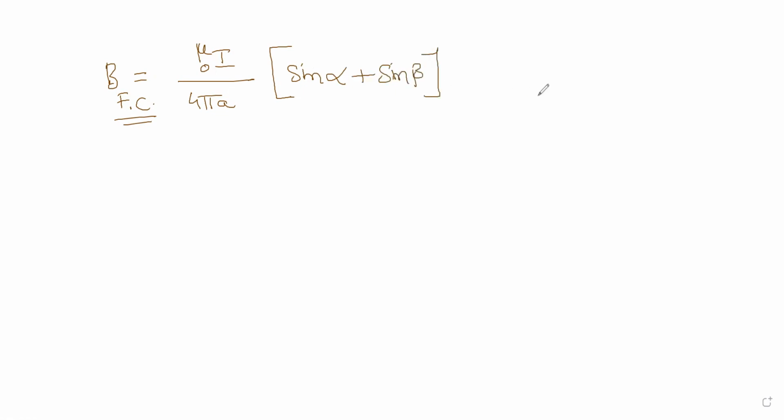The condition is like this: this is the conductor, and this is the current I flowing through it. A point P is at a distance of A, and this is my alpha, this is my beta. Both alpha and beta should be measured in opposite directions. This is the concept you have to know.